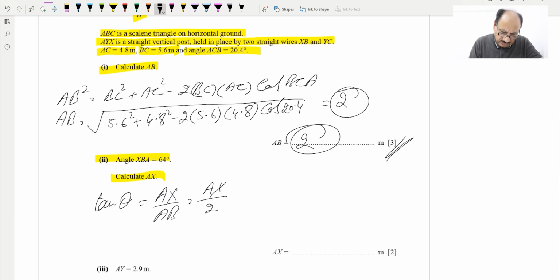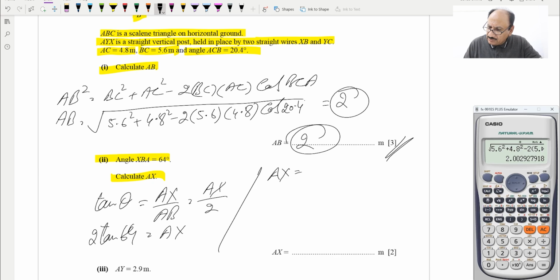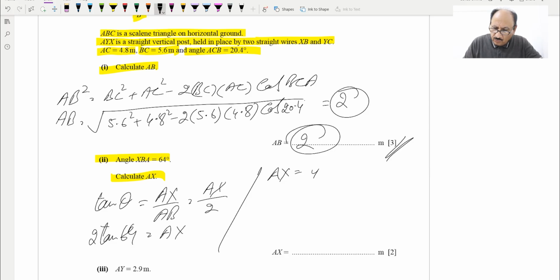So we can write 2 into tan 64 will be equal to AX. So AX will be equal to 2 tan 64. 2 tan 64 is giving us the answer 4.1. So 4.1 meters is the AX value. This is what we want.